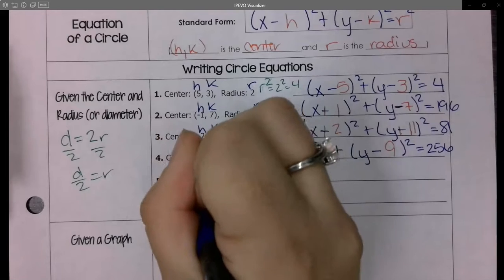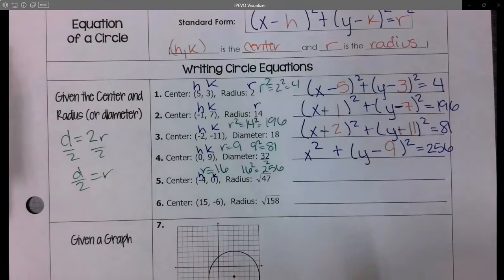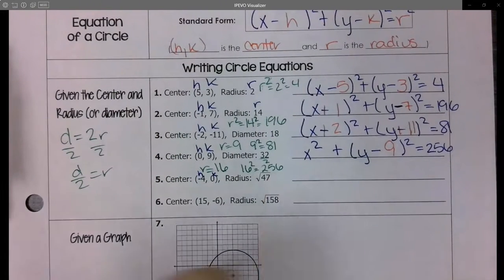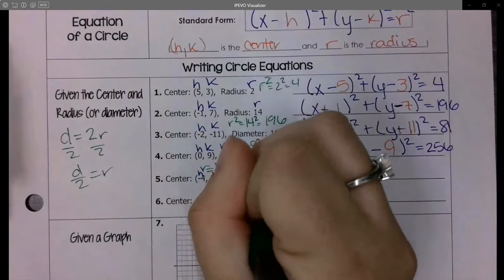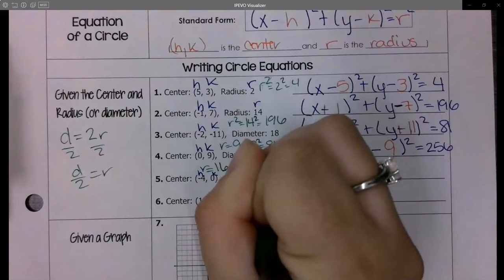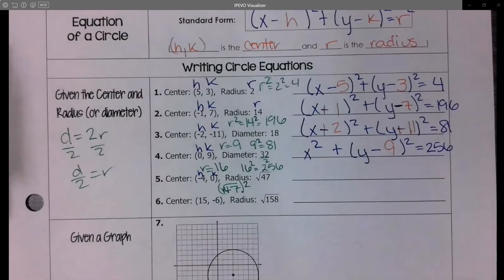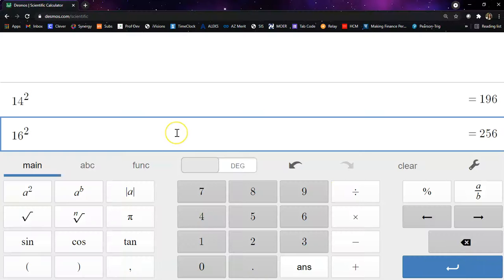Number 5, my h is -4, my k is 0, and my radius is the square root of 47. When I go to do the square root of 47, and I square it, it will get rid of that radical for me.